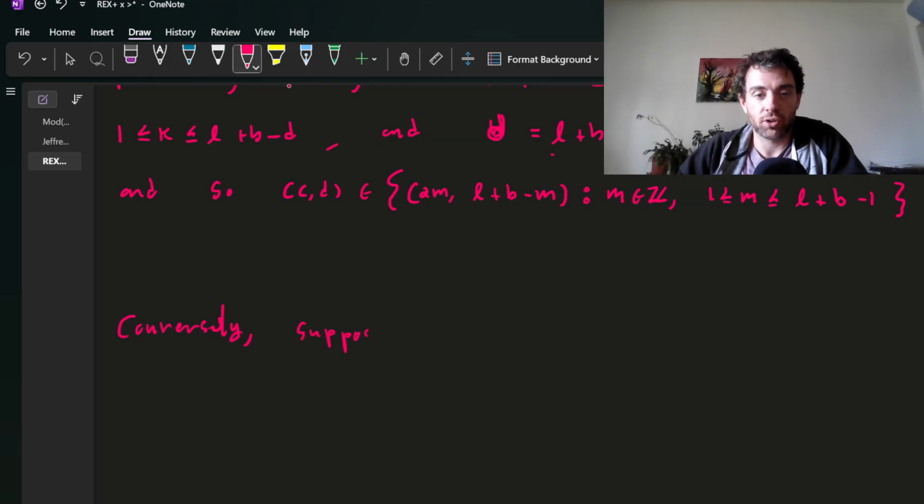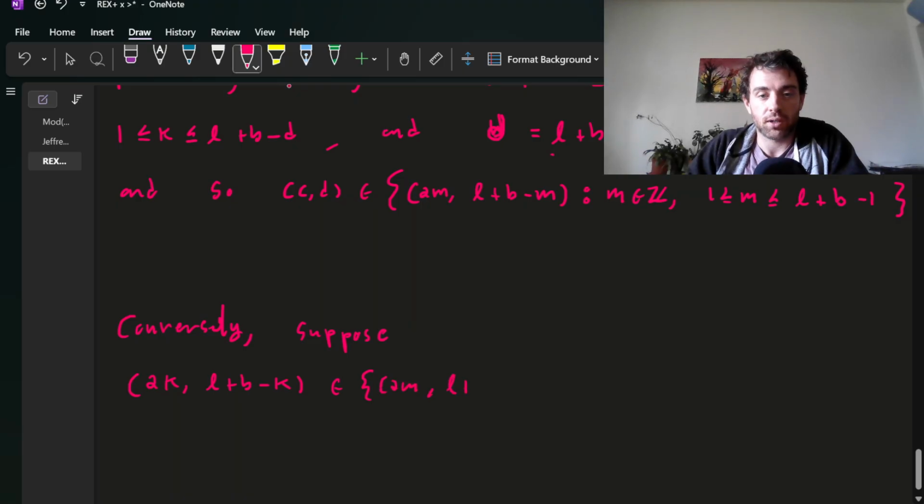So now we would say something like, conversely, suppose that we had a pair, so let's say 2k, L plus B minus k, being an element of this set of pairs 2m, L plus B minus m.